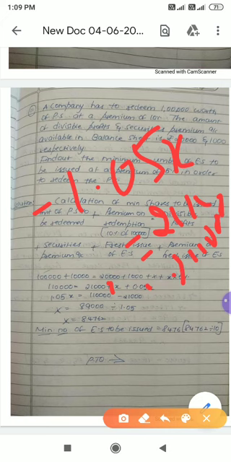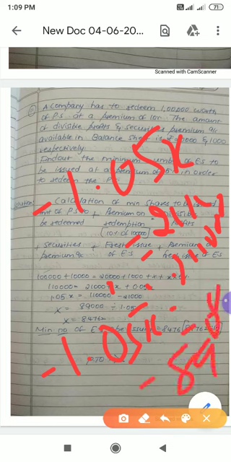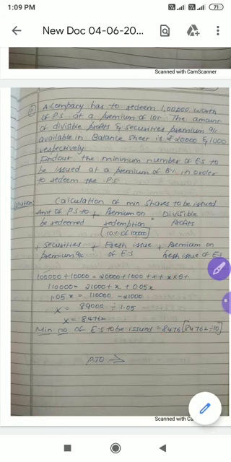Then we get minus 1.05x is equal to minus 89,000. The minus will get cancelled. So the ultimate answer will be 1.05x is equal to 89,000.